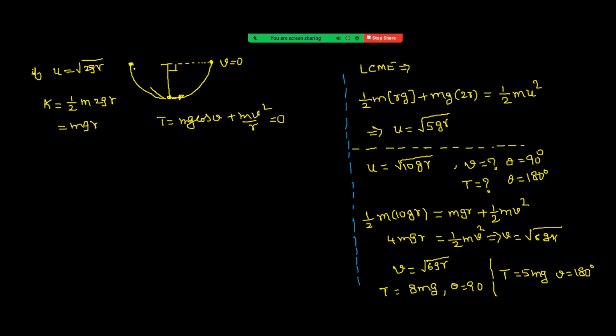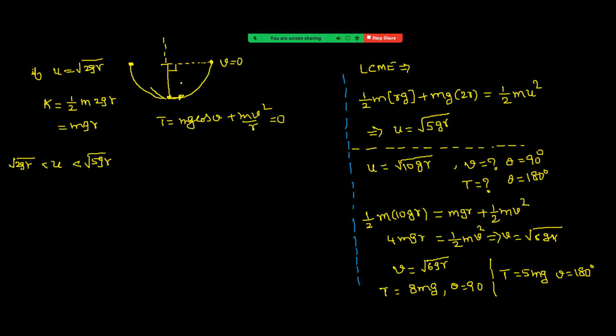Now next case which is very important, that is u value greater than root 2gr and less than root 5gr. Now see what happens. When velocity is greater than root 2gr, the particle enters into first quadrant. First, second, third, fourth.